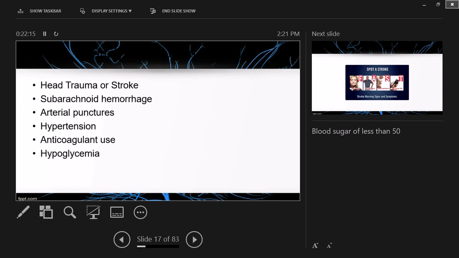Why? Because they're going to be really concerned about increasing free glucose in the vessel for it to spill out into the brain. Now, hypoglycemia is not an absolute contraindication. It's a relative contraindication, all right?